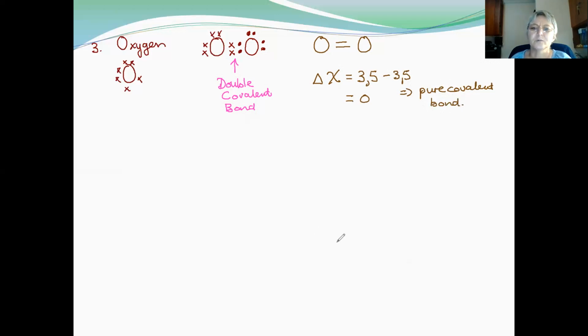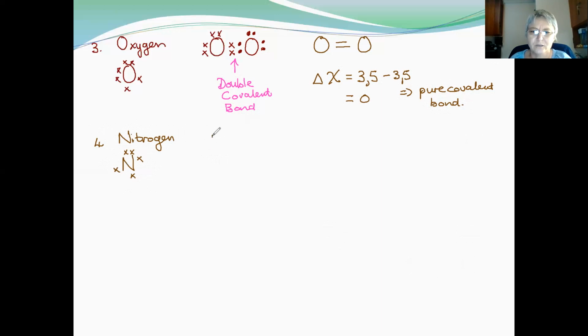The next example I'd like to discuss is that of nitrogen. Now, nitrogen is an element in group 15, and it has 1 lone pair and then 3 electrons by itself.